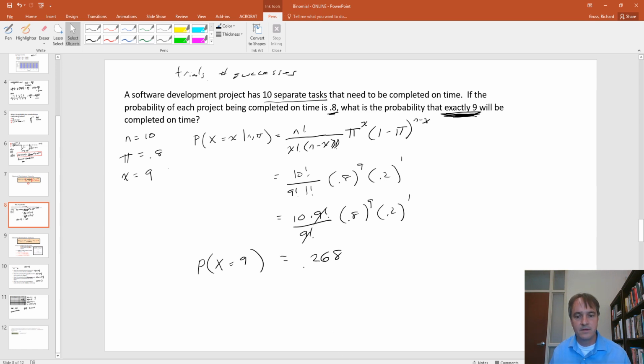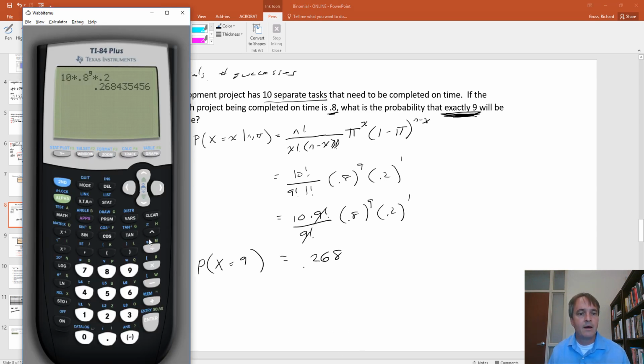Okay, oh, that's hard to read. Okay, but we can also use the distributions that come with your calculators. It knows how to do this, and all you have to do is put in n, x, and pi. So if we push second, and then go over to distr, and then come down, we've got binomial pdf and binomial cdf.